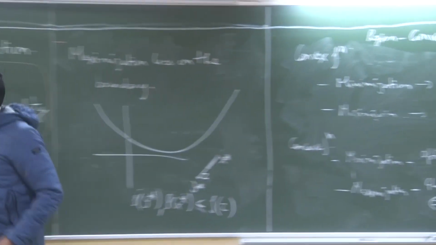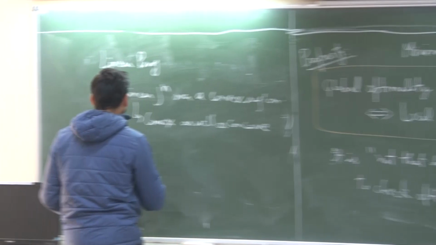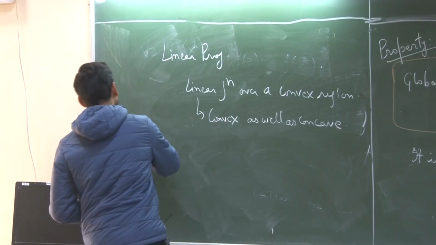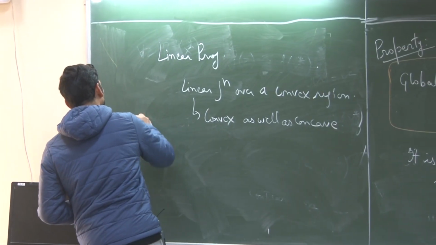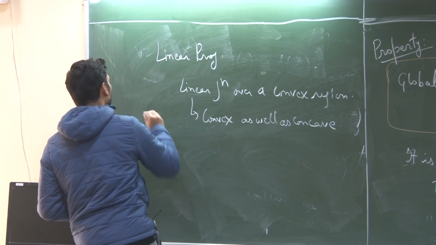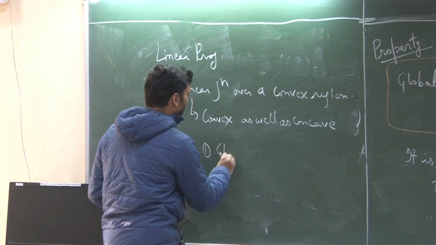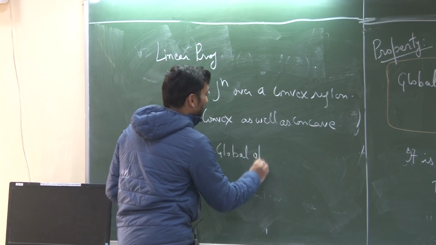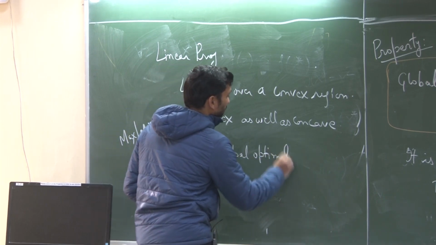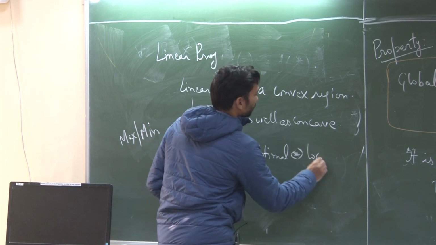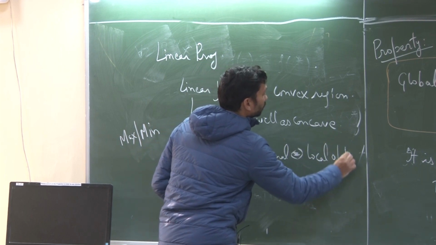That's great. So for linear programming, for whatever optimization we want to do, whether you want to maximize or minimize, it doesn't matter. We always have global optimal equal to local optimal.